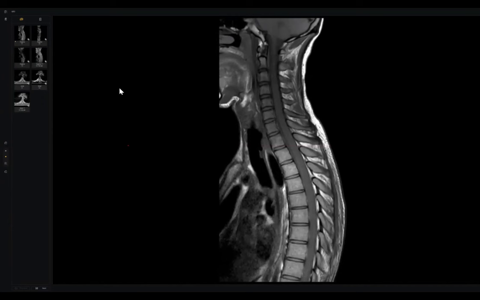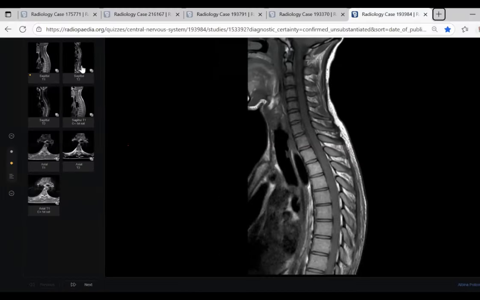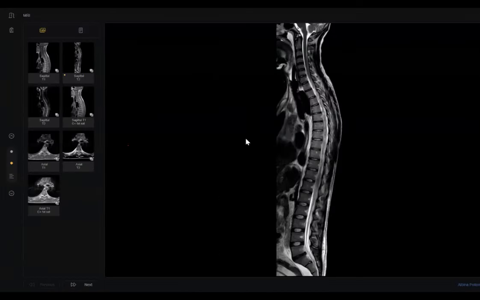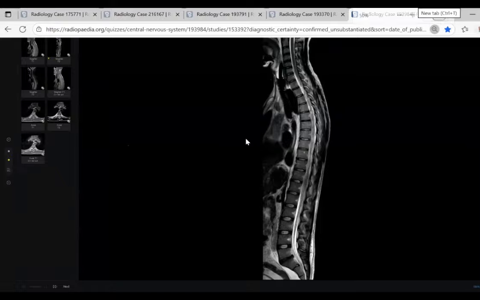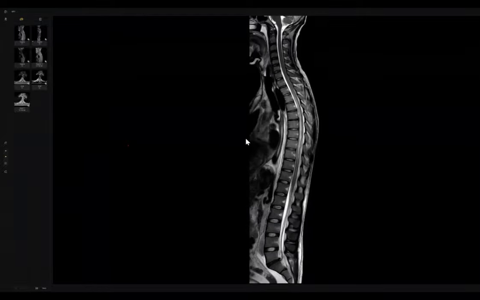Which sequence do you want? STIR or T2. This is T2. Okay. This is T2 whole spine, sagittal image.